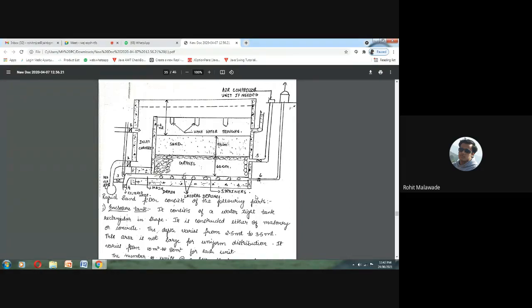This will be a very important question in your exam, and most of the time it has appeared in your exam. So you need to give more concentration towards the rapid sand filter also. Both slow sand and rapid sand filter construction, working, and cleaning with diagram are going to be the important ones.